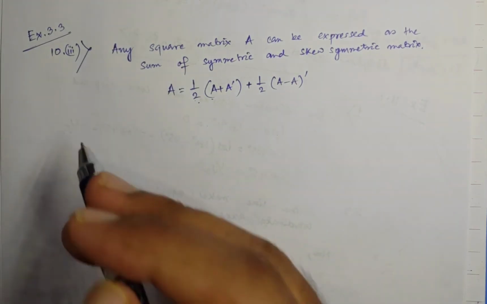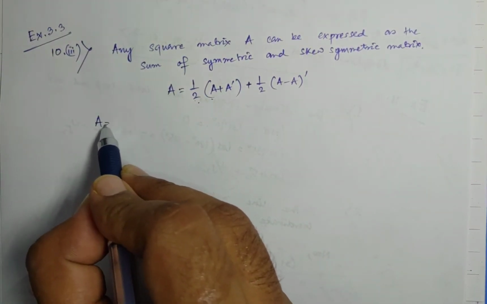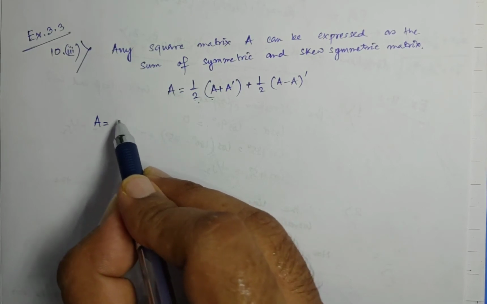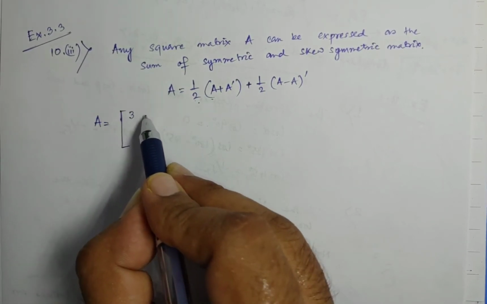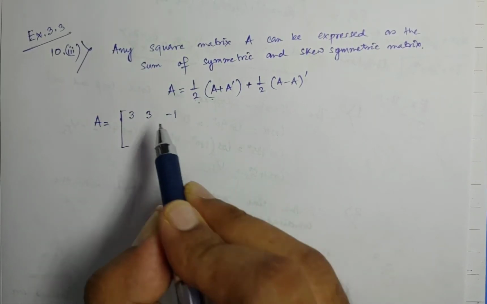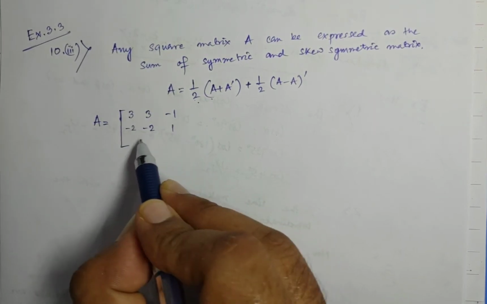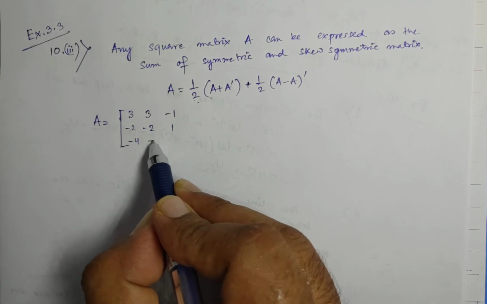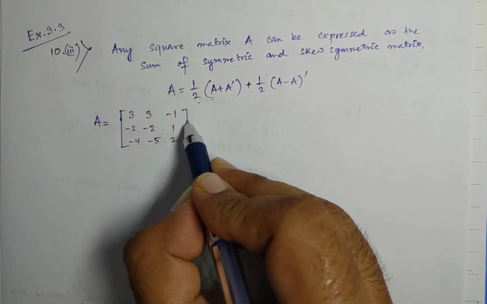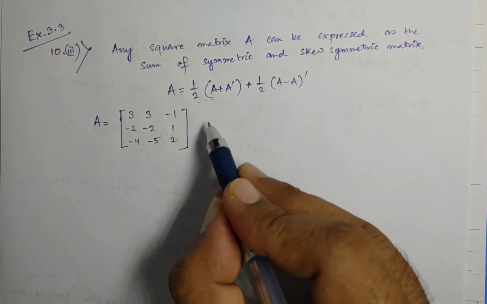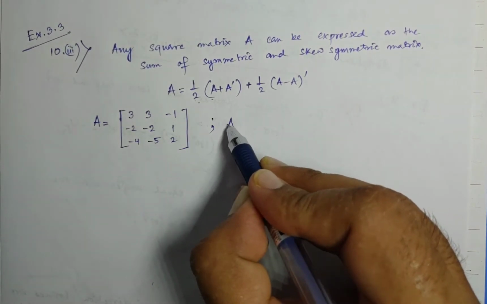Understood? So now in our question, what is A? A is given by the matrix with rows 3, 3, minus 1; minus 2, minus 2, 1; minus 4, minus 5, 2. This is our A, right? So can I find A transpose?